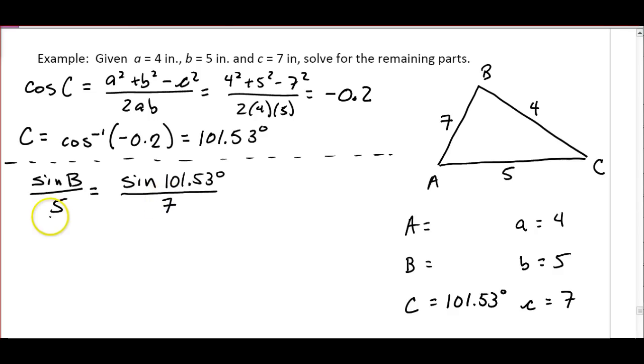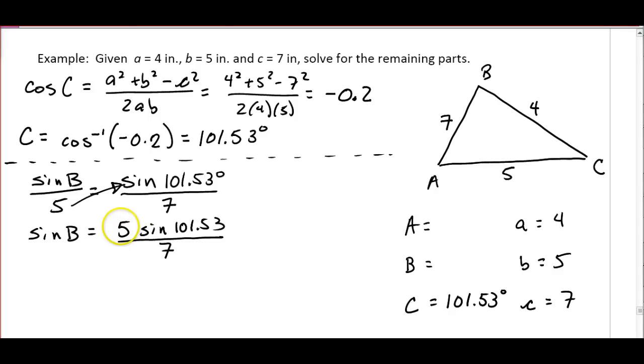Okay, sine of B over B is equal to sine of C over C. Alright, and then if you take my advice and put what you're solving always in the numerator, then you only have to cross multiply one way. So I'm going to get the sine of B is equal to 5 sine 101.53 divided by 7. Again, notice how I put the 5 in front.